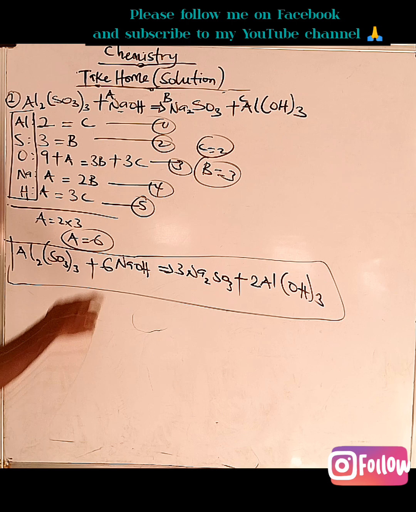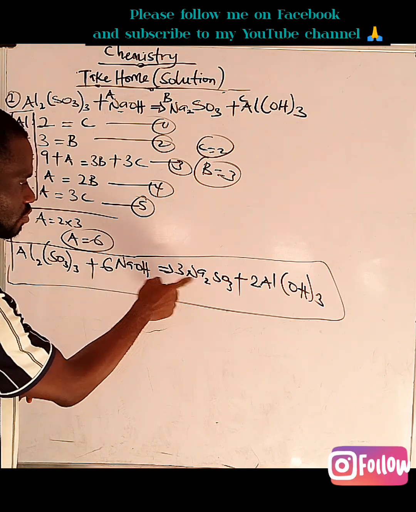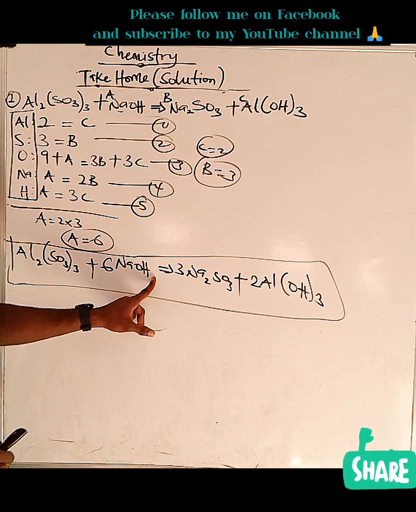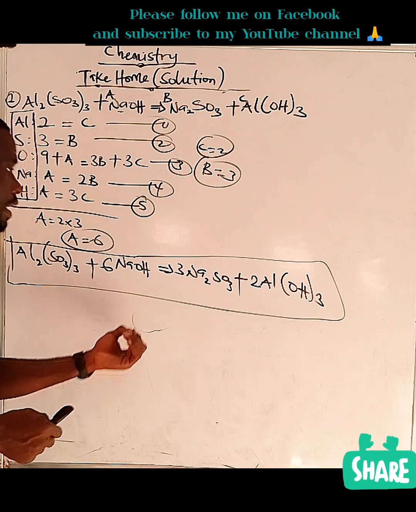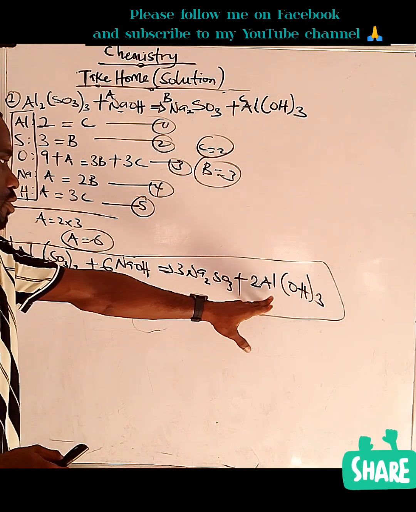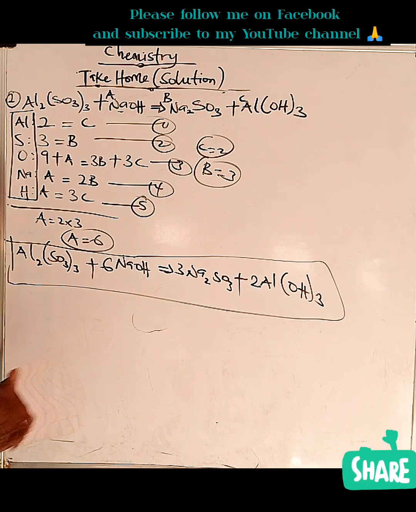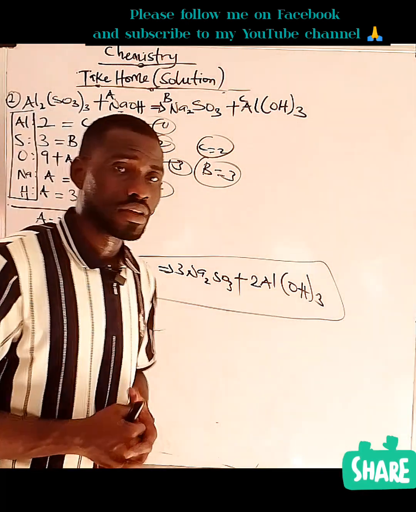Oxygen is balanced. Sodium is 6 atoms, and on the product side 3 times 2 is 6 atoms. Very balanced. Hydrogen is 6 atoms on the reactant end, and on the product end it is 2 times 3, 6 atoms of hydrogen. As simple as ABC.